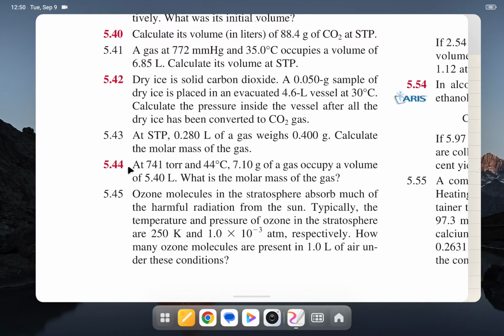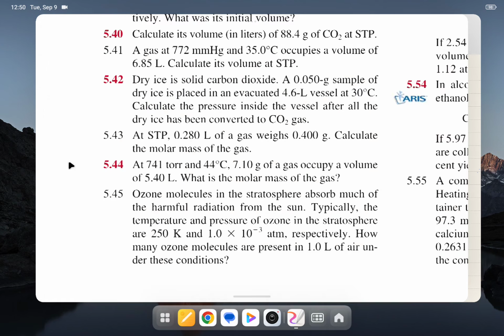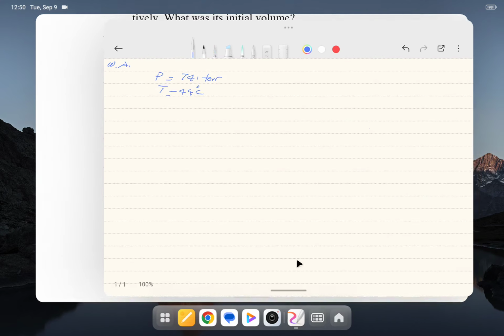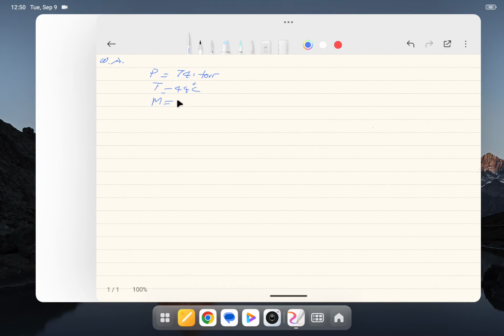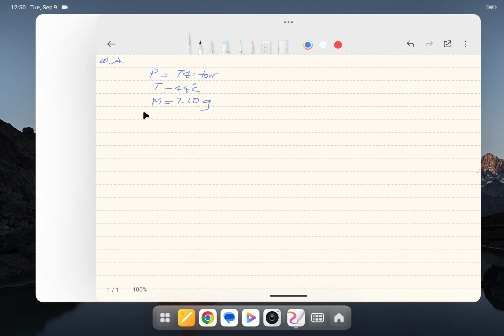Then you have a temperature of 44 degrees Celsius. Then you have a mass of 7.10 grams. And then finally, I think you have a volume of 5.40 liters.